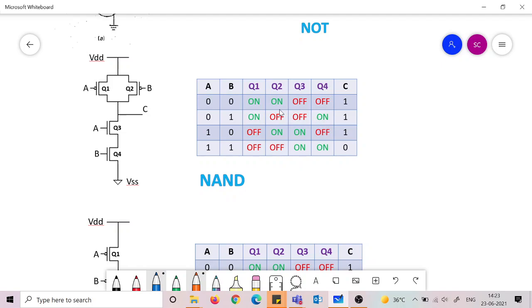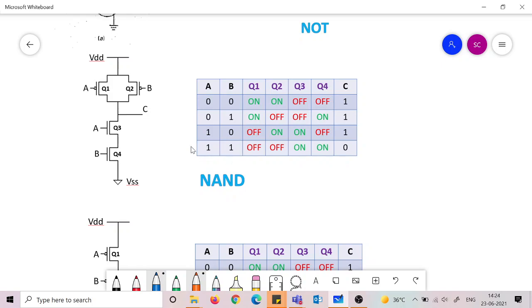Now another gate we discuss is the NAND gate. We have already discussed the AND logic, and NAND is basically a NOT of AND, so it is the complement of the AND logic. You can see in the input output behavior, just ignore Q1, Q2, Q3, Q4 for the time being. Just pay attention to A, B and C. We can define it in this way: the output is 0 only when both the inputs are 1.